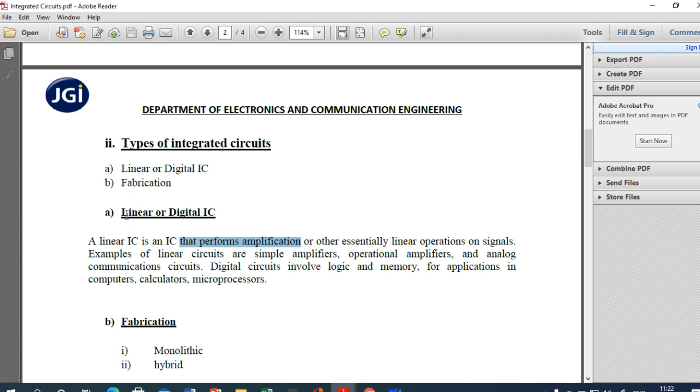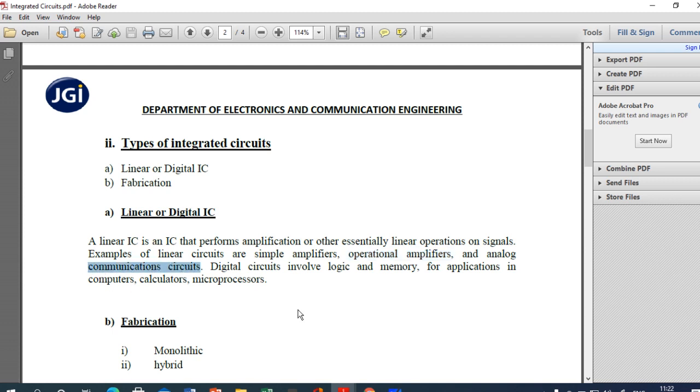So there we are going to use these linear integrated circuits, or we can also say they perform other essential linear operations on signals, like addition, multiplication, division. Some examples are operational amplifiers and analog communication circuits.